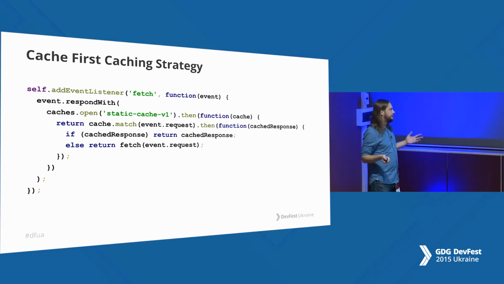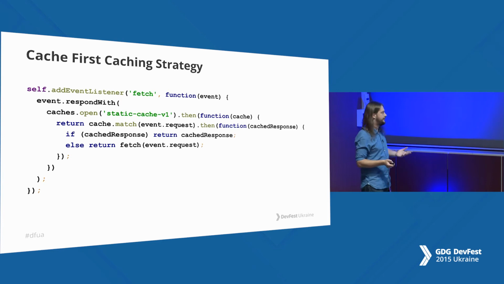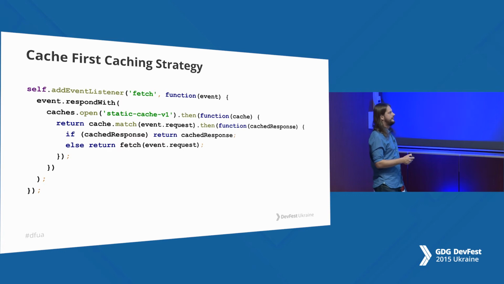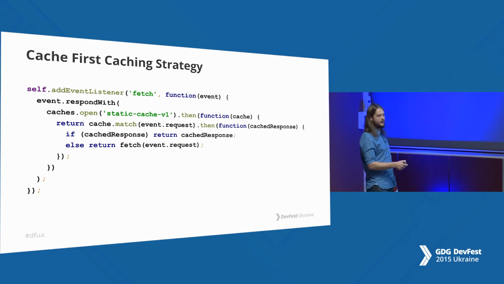So you can alter the response with this method, and what we do here, we open our previously created cache, static cache version 1, and look if this request, cache.match, you see, event.request, if this request has a cached response in our cache. And if it has a cached response, we return this cached response. If it doesn't have, we return fetch.